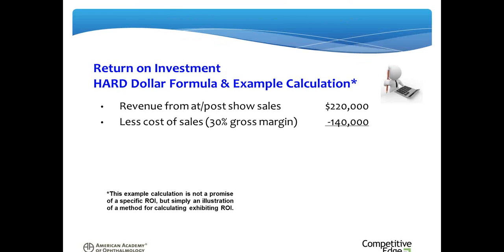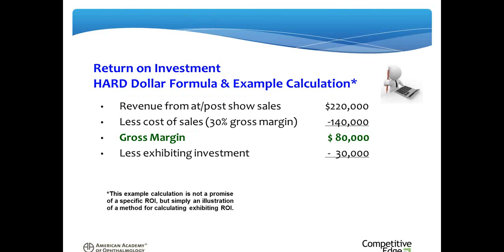So in this example, I'm going to take out, I've got a 70% cost of sales. Now I have generated $80,000 in gross margin ROI for the company. But I have to back out my exhibiting investment because what I'm looking for is exhibiting ROI. So now I'm down to $50,000.